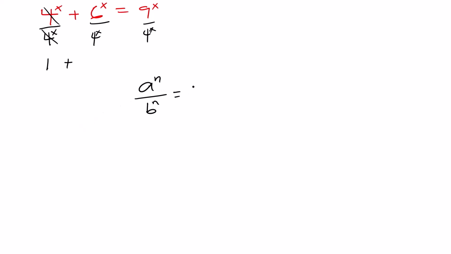So this is the same as a over b all raised to n. The next thing to do is to take the powers out here. So we have x, and I'll do the same here, 9 over 4 raised to x.